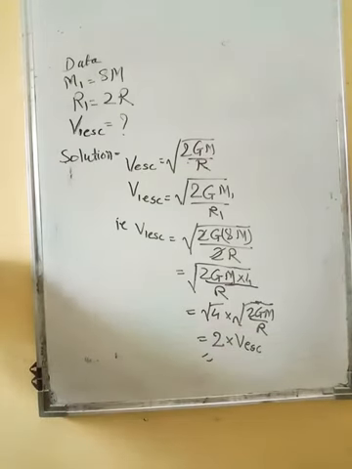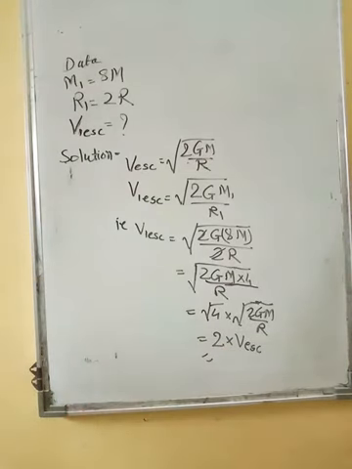Now children, if you know the escape velocity of earth, anyone knows? In the chapter we had the calculations directly. What is the answer of 2gm upon r?